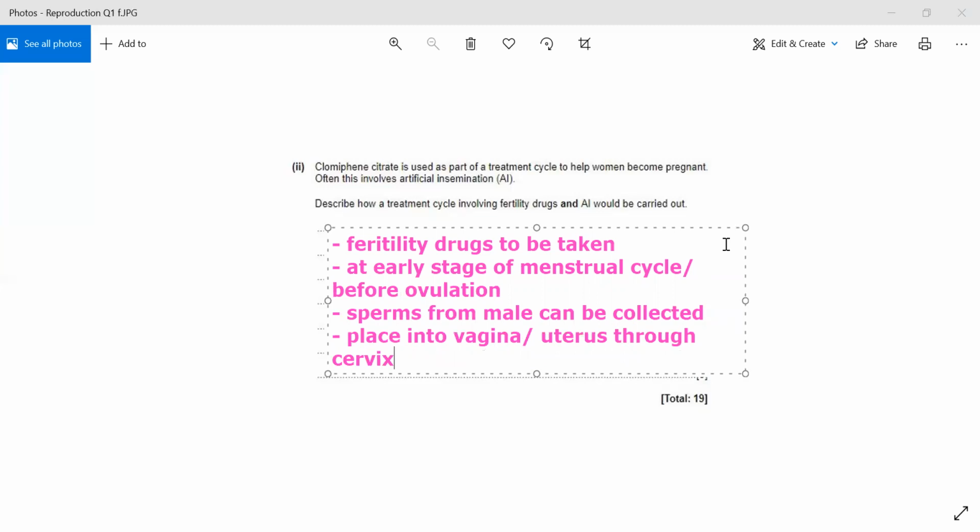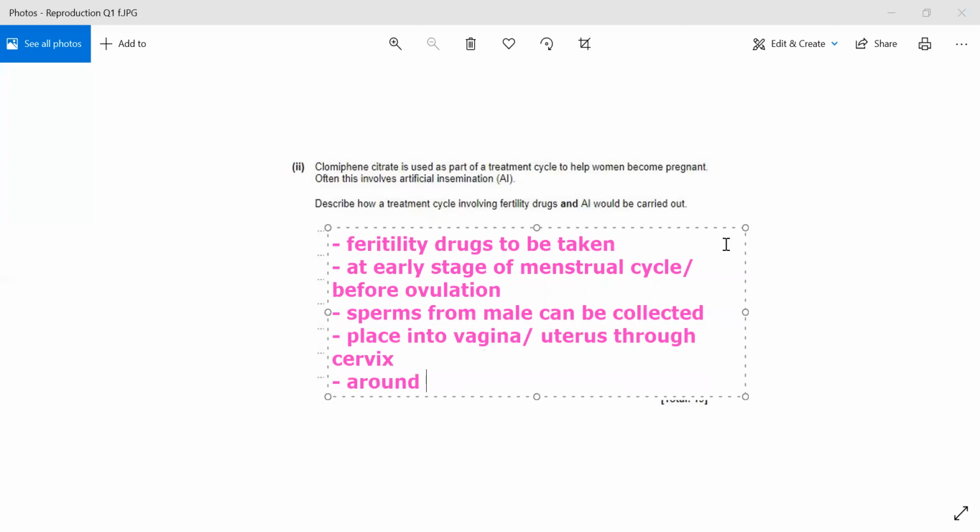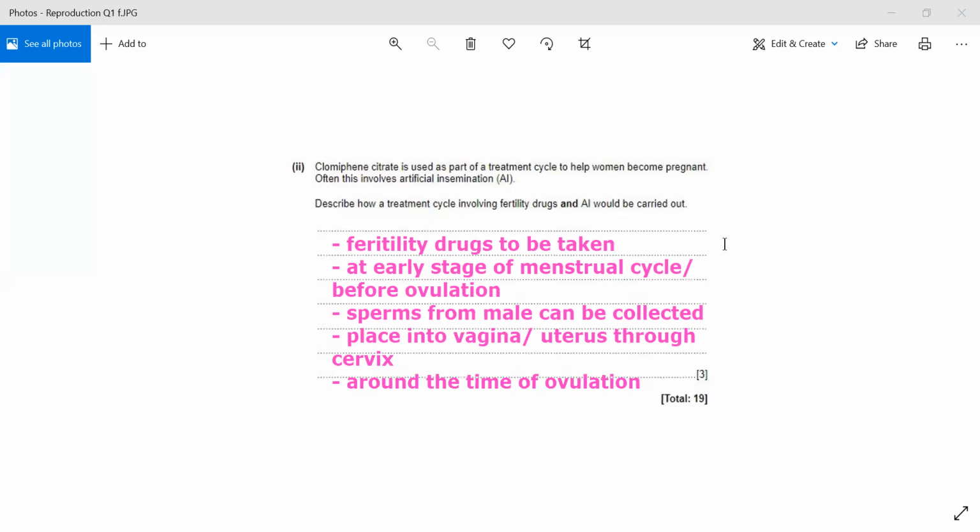Also keeping in mind, I will again emphasize, around the time of ovulation, because if there is no ovulation, there is no egg present, then there is no point of putting the sperm in, right? So this is very, very important to mention, the right timing.